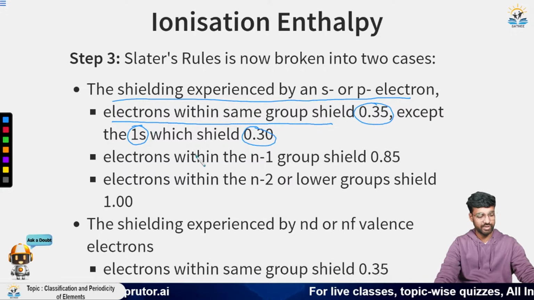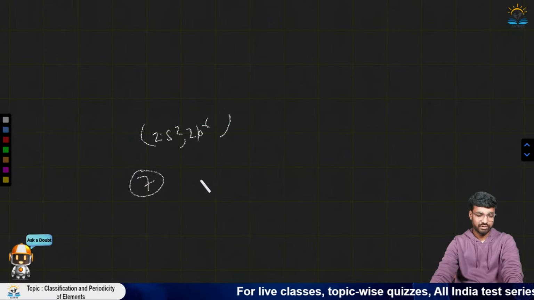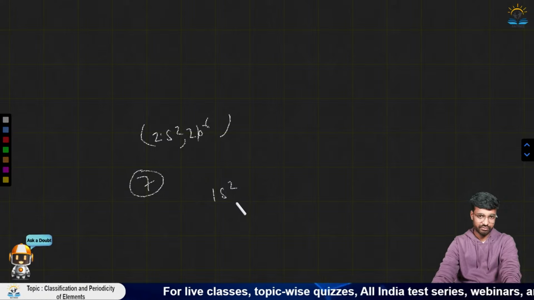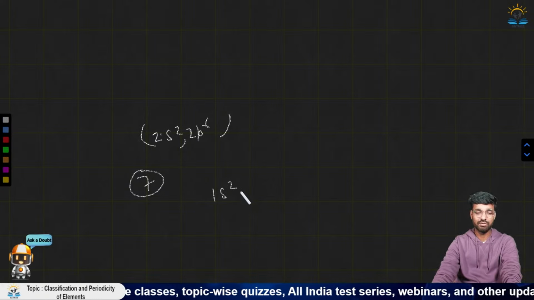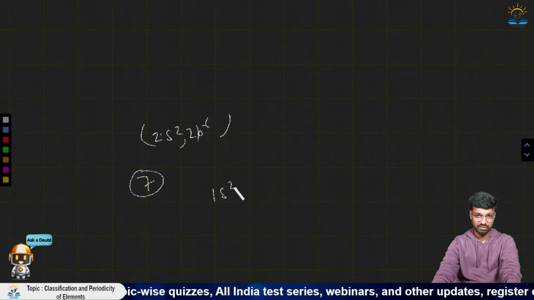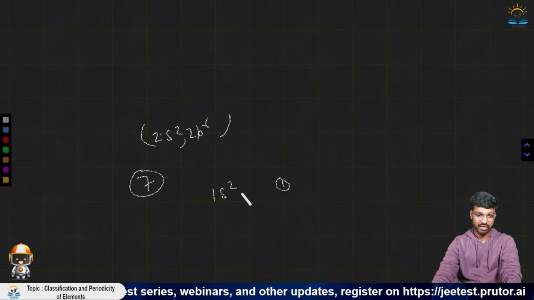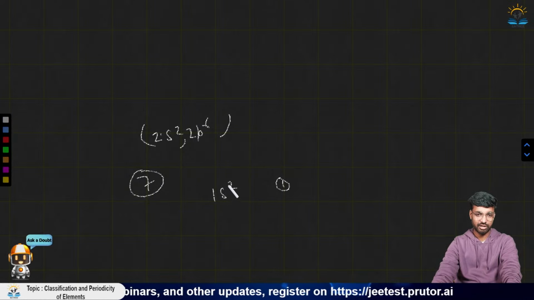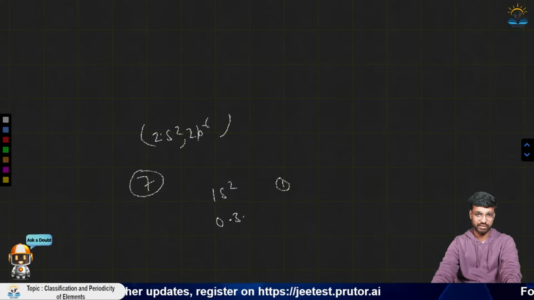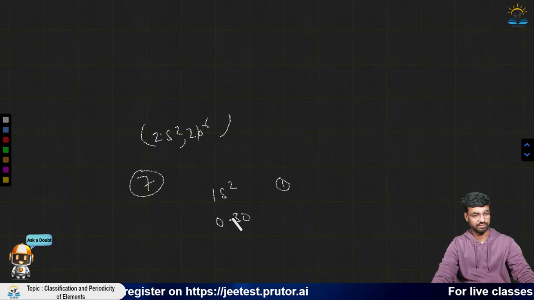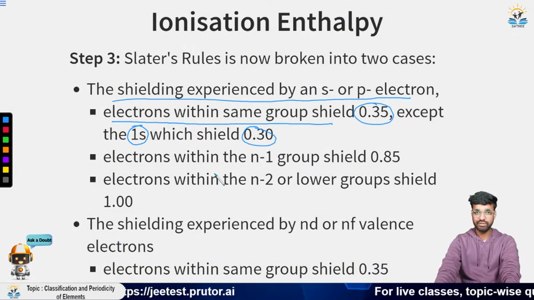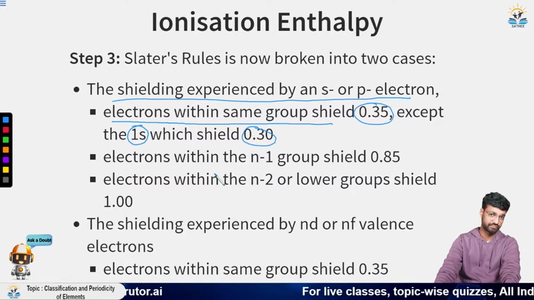So if we are considering a 1s2 electron and you are set to calculate the shielding effect on this one, then you will take the contribution of the other electron as 0.30 and not 0.35. I will give you an example to make it clearer.